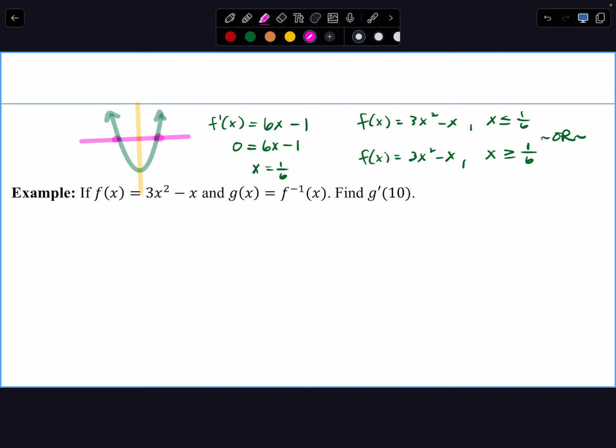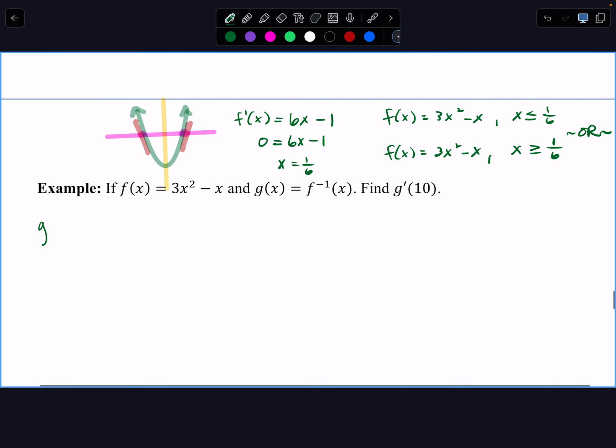So we'll have a slope on the left side, and then a slope on the right-hand side for g prime of 10. They'll just be opposite signs.